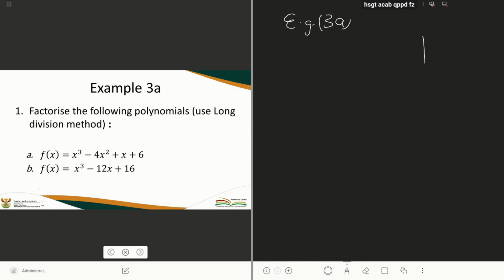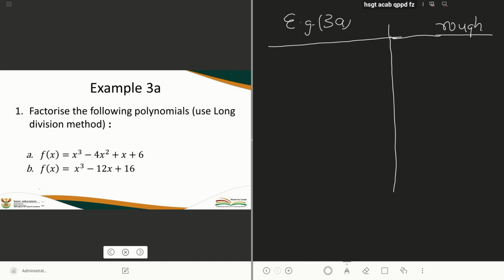How do we use the long division method? Make sure that you have this portion. This is for my rough work, guys. That's where I'm going to write my proper work here. It should be presentable.